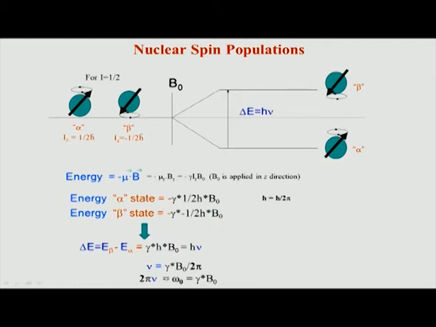So, this is a famous central equation in NMR, which we saw in the very beginning, where the frequency of the excitation required to go from ground state to upper energy state is basically given by omega is equal to gamma B0. This is the most important relation in NMR.